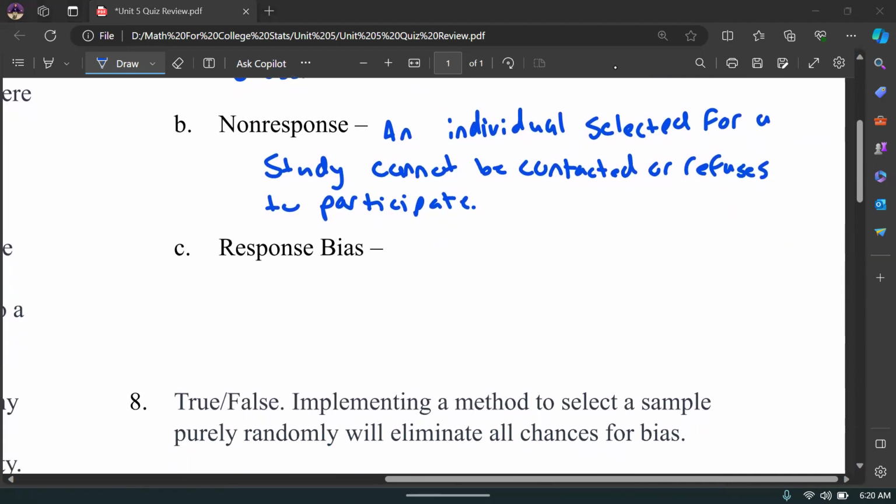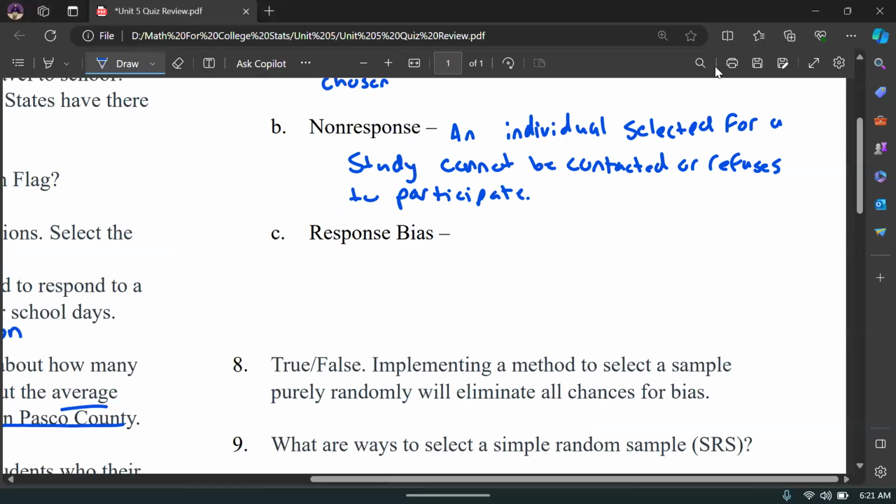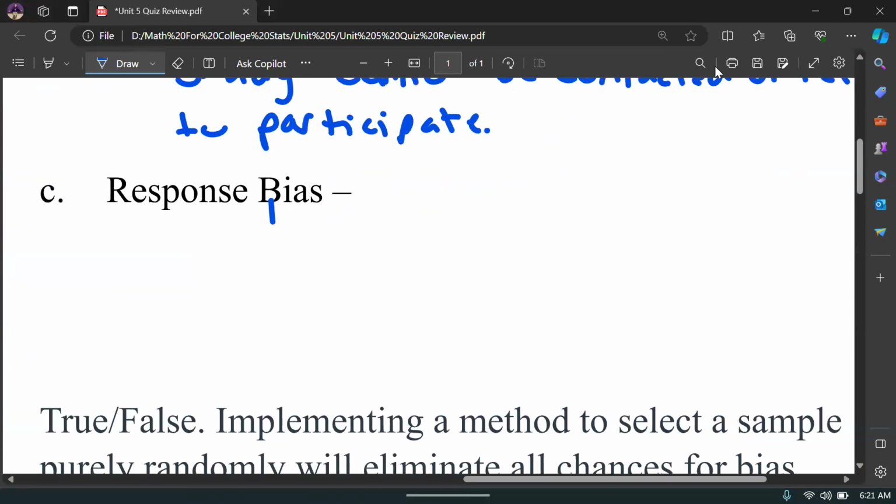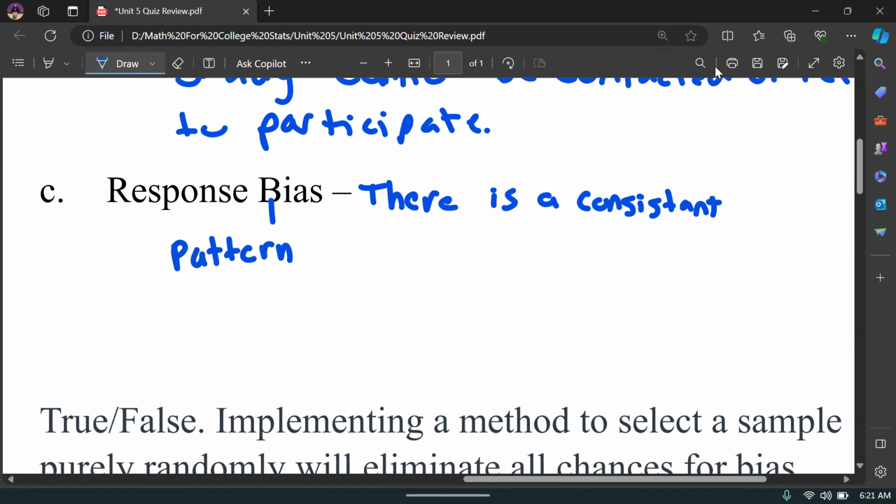Now let's talk about response bias. There is a consistent pattern of inaccurate responses.